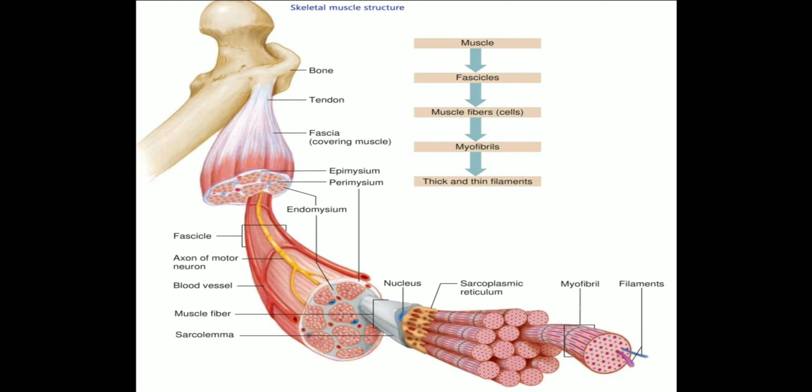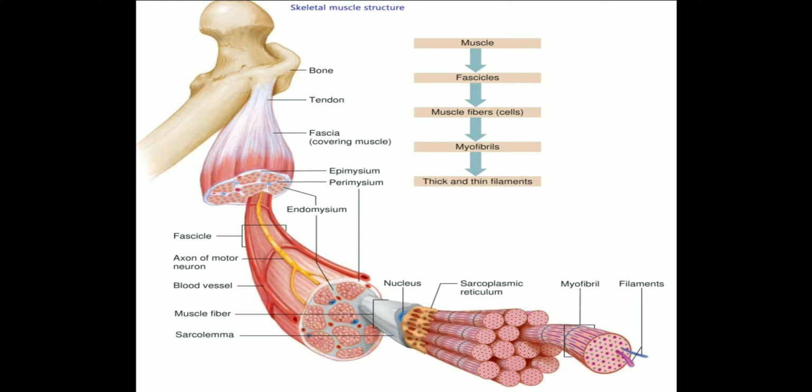Now, myofibrils are made up of proteins, actin and myosin. Muscle fibers contract and decrease in length on stimulation. Hence, we can say that muscular tissue is also known as contractile tissue.